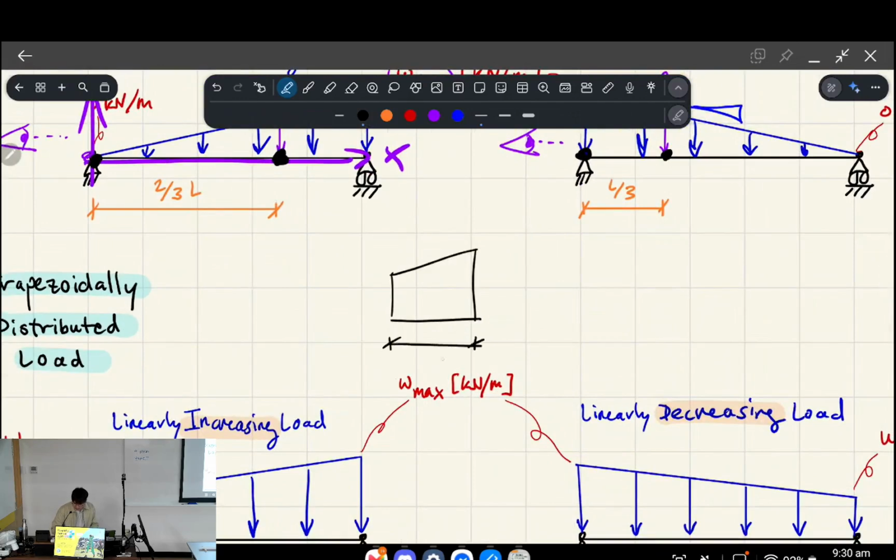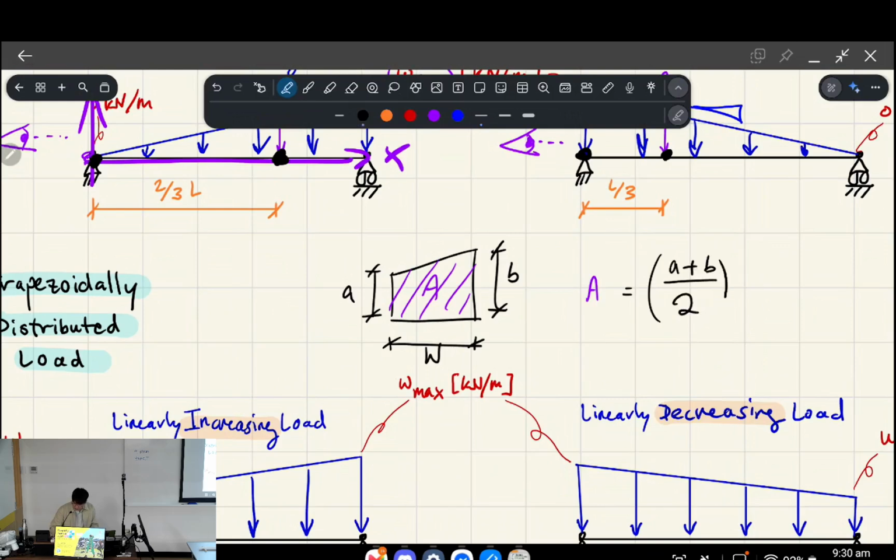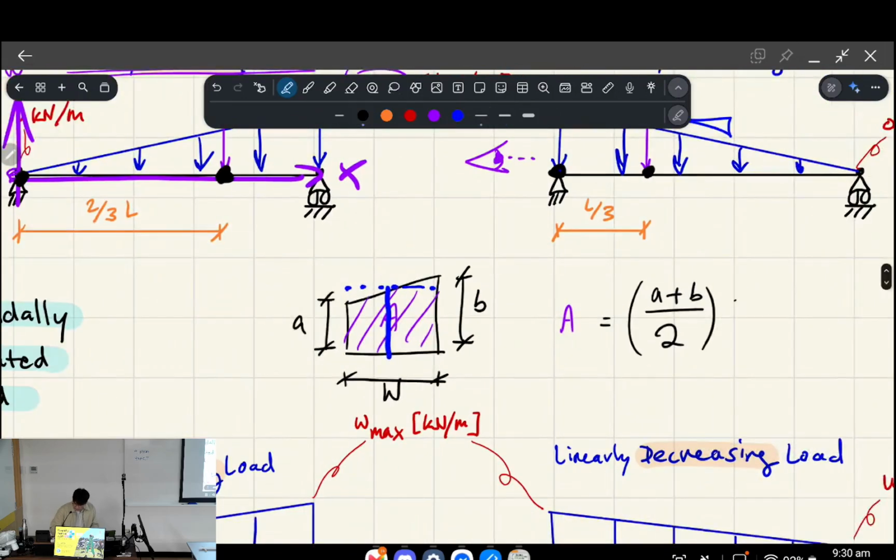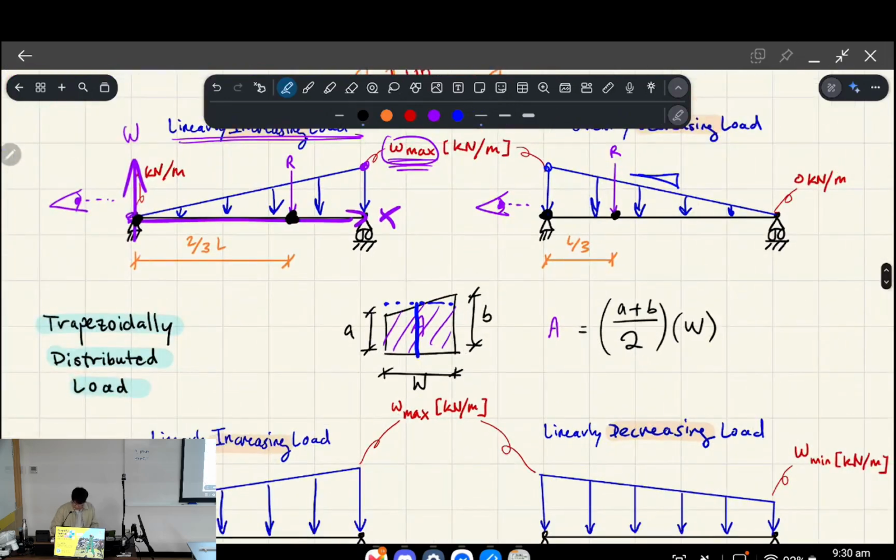Let's call that dimension the width, capital W. And then let's call this A and let's call this B. So if we wanted the area of a trapezoid, what we actually do is we average the two heights. That's averaged like so. And then we multiply it by the width, W. And that'll give us the area.